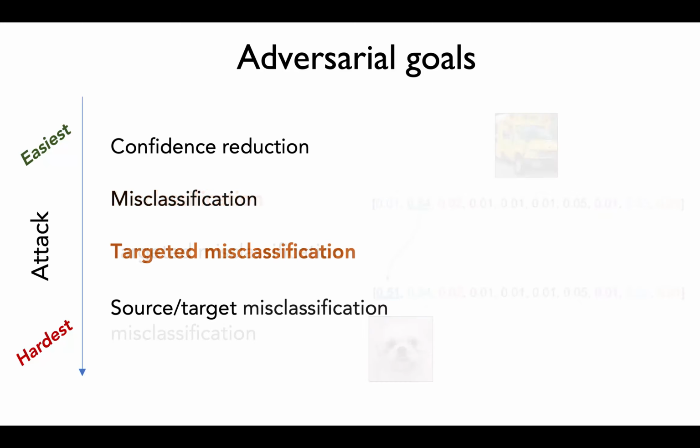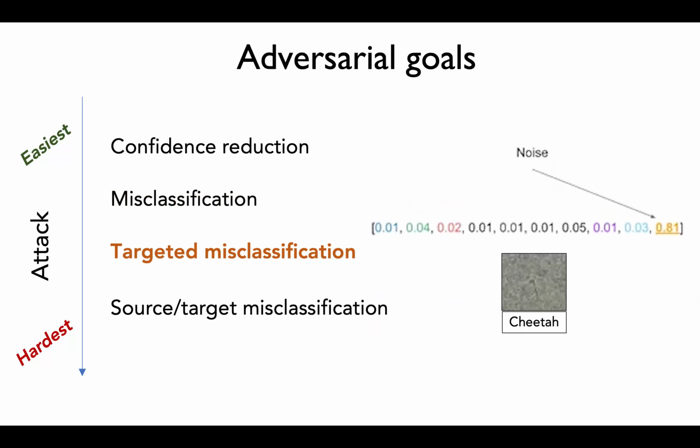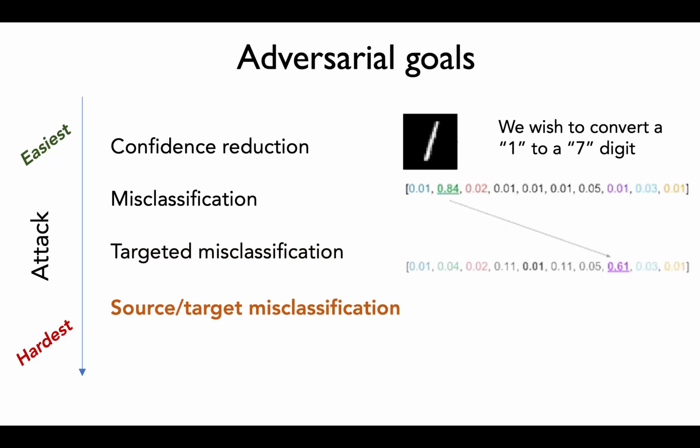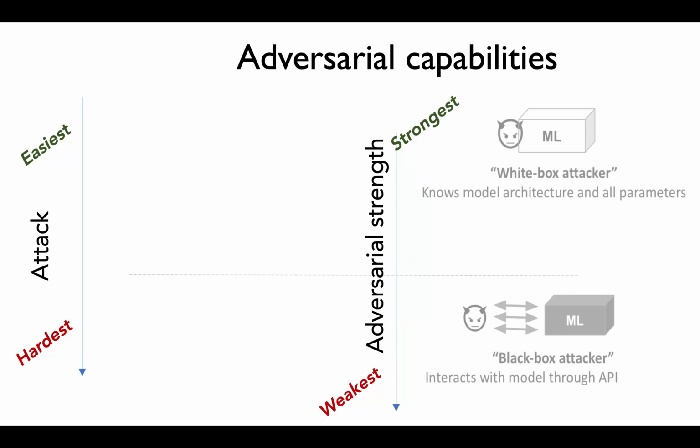With a targeted misclassification, we may start with random noise and we want to change it in ways that would perturb the image and make it into some targeted class. With a source target misclassification, you are given a source image and you make perturbations in a way that transforms the image into some specific class.